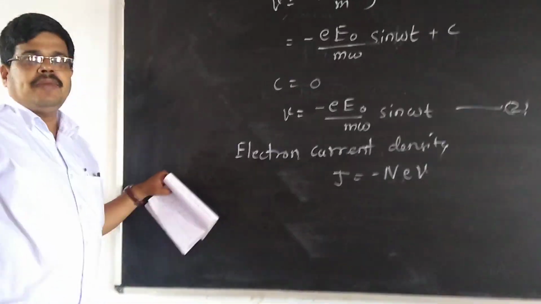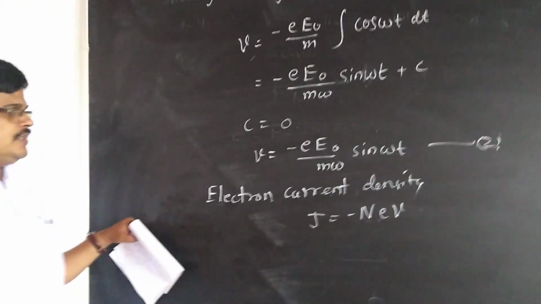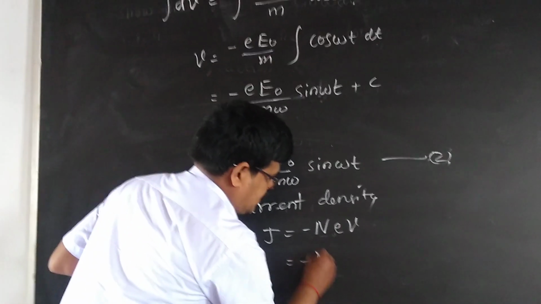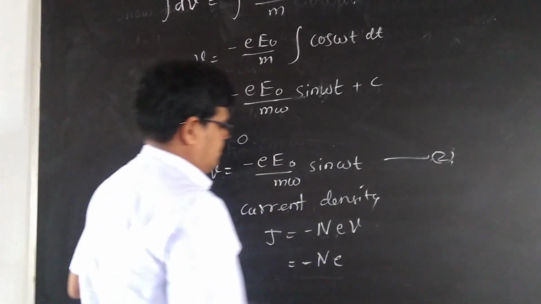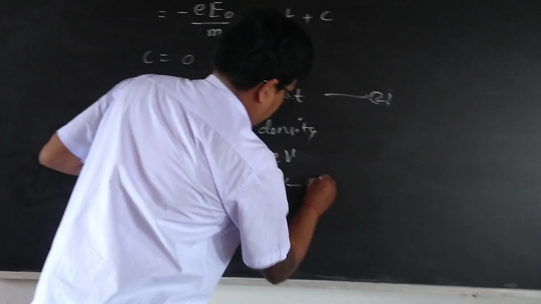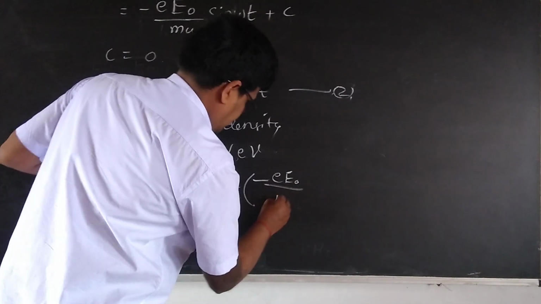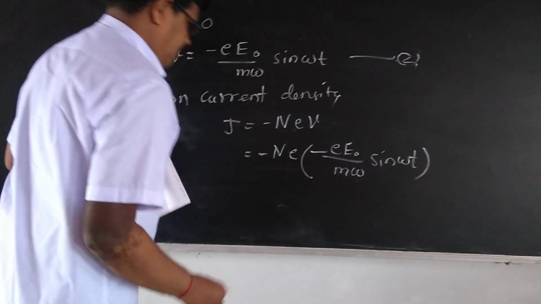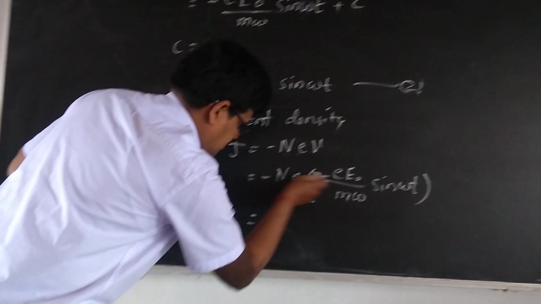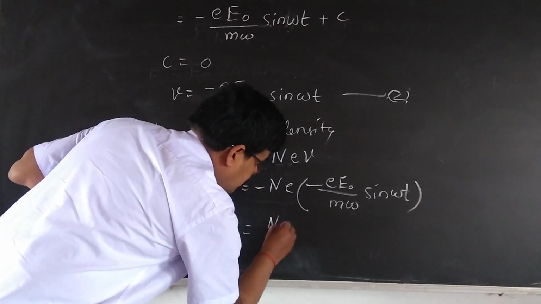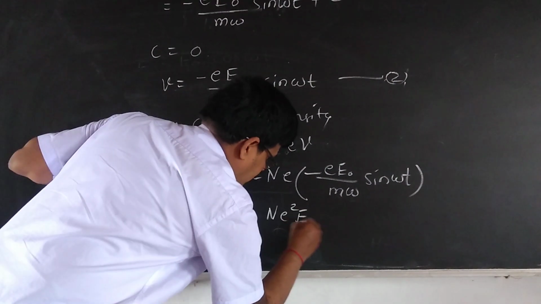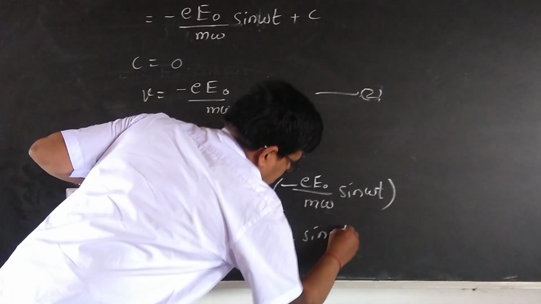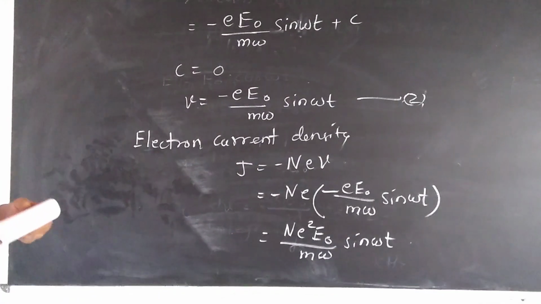So J is equal to minus NeV, which is equal to minus Ne into, substituting the value of V, minus E naught divided by m omega sin omega t. So minus minus becomes plus: N e square E naught divided by m omega sin omega t.